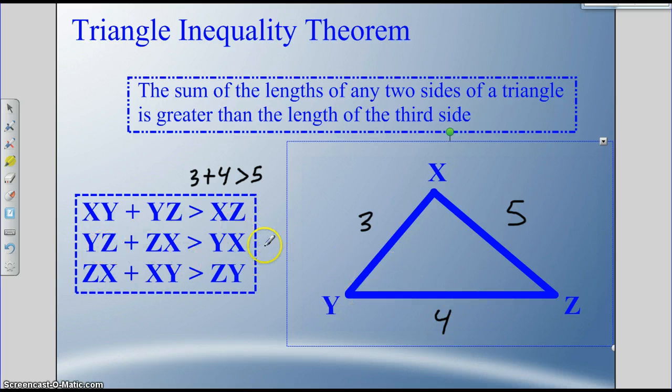YZ is 4 plus 5 should be greater than 3. That's true. ZX 5 plus XY 3 should be greater than 4, and that's true. This is what the theorem is doing. It's taking each side, adding it up, and making sure that it's bigger than the third side.